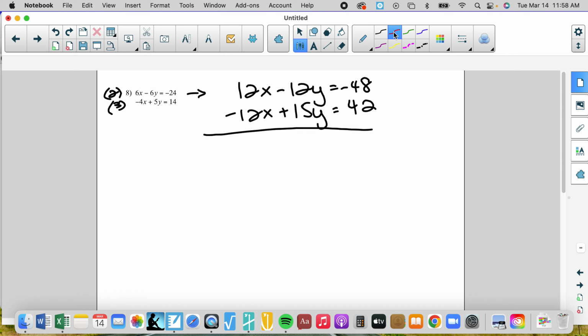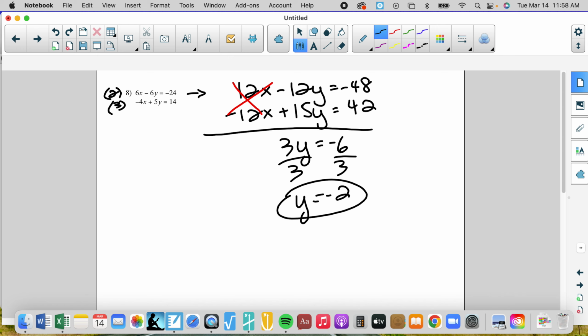My x's are going to cancel this time, which leaves me with 3y equals negative, not 3, that would be 6. Divide by 3, we get y equals negative 2. Plug it back in. I'm going to choose the bottom equation. That was an ugly 14.